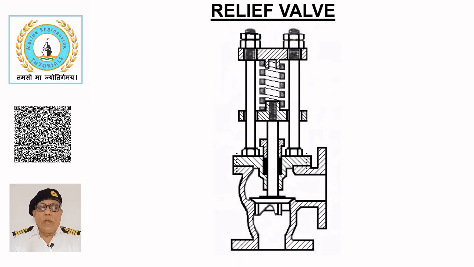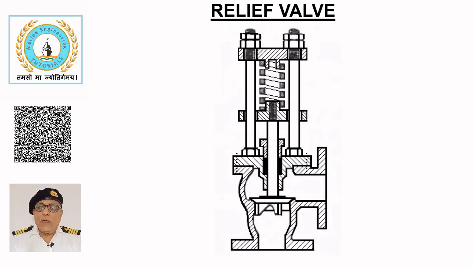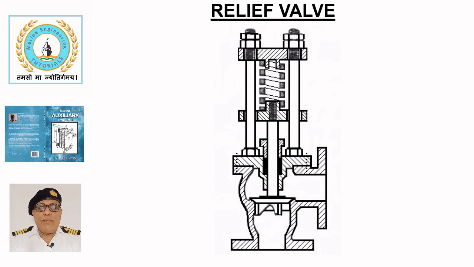Relief valve. Relief valves are used to release excessive pressure in a pipe or pump when it exceeds the operating limit, typically set at about 10% above the normal working pressure. The sketch shows the construction of a relief valve in the order of its assembly.